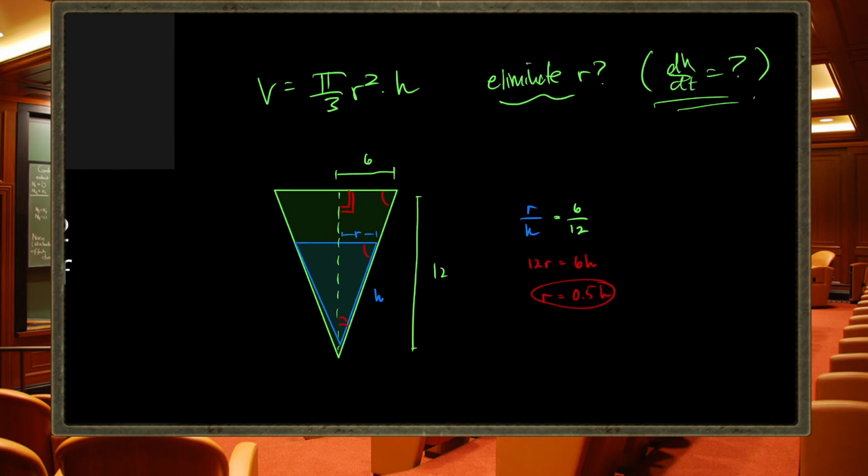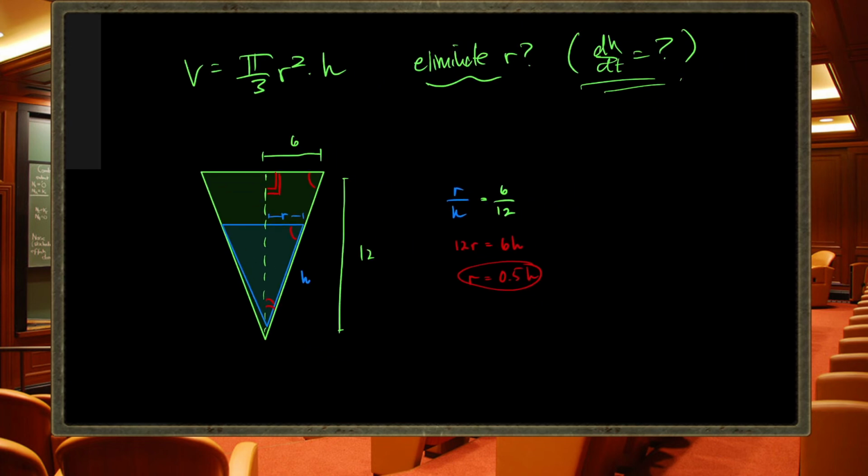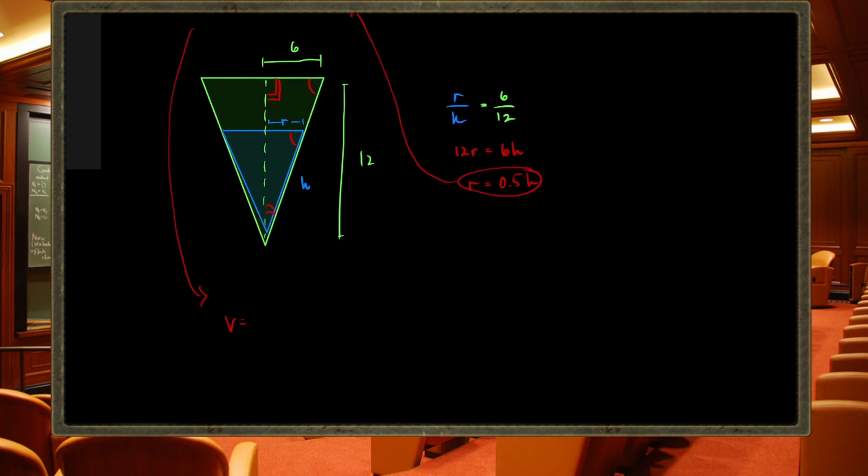So if r is 0.5h, we can now feed that back into our original V equals pi over 3 r squared, which we said is 0.5h squared times h, which altogether is 0.25 over 3 times pi times h cubed.